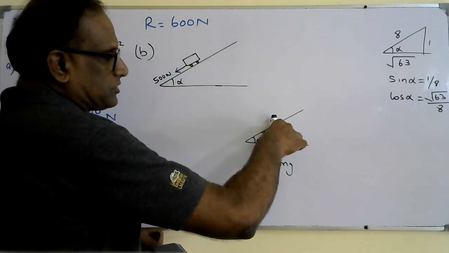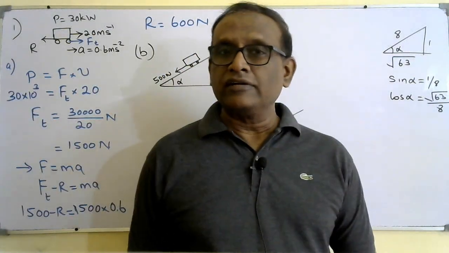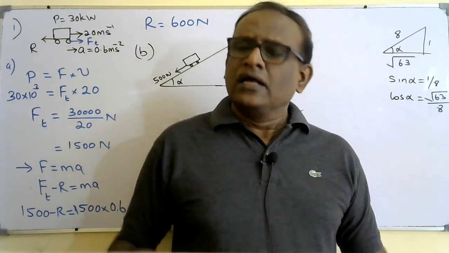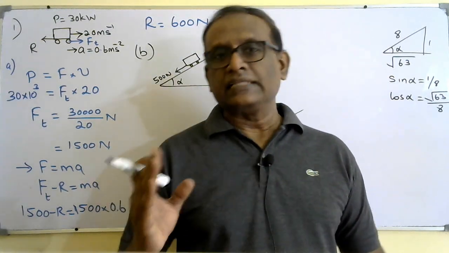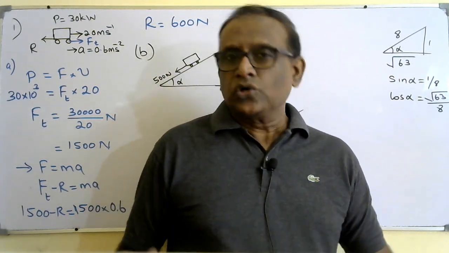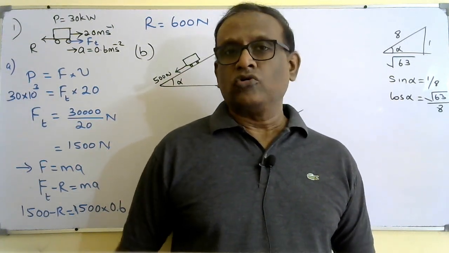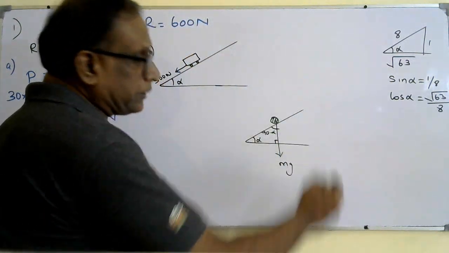So the weight could be resolved. We know a force could be resolved into any two right angle directions, perpendicular directions among them. Normally we resolve horizontally and vertically, but we can resolve a force into any two right angle directions, that means along the slope and perpendicular to the slope.